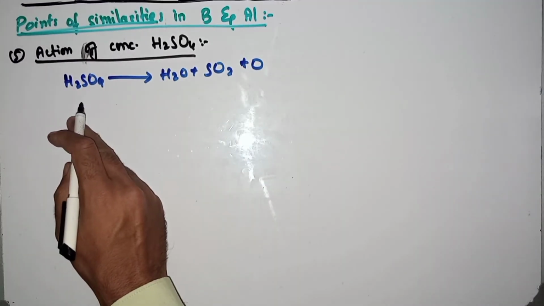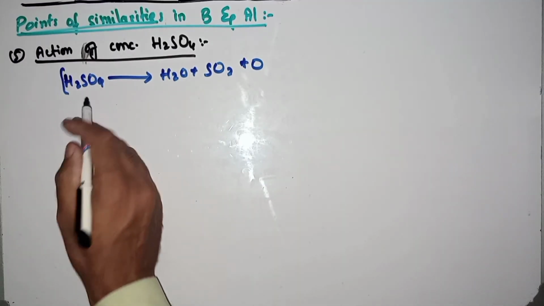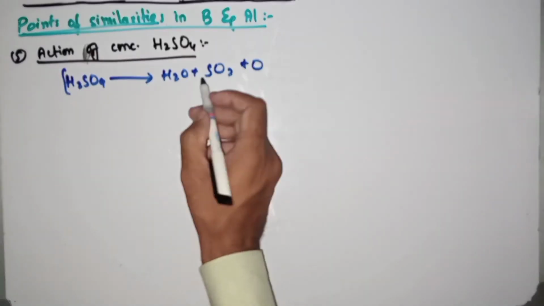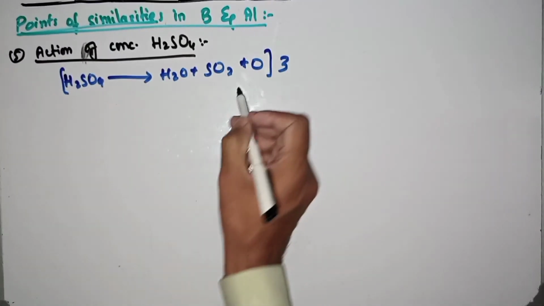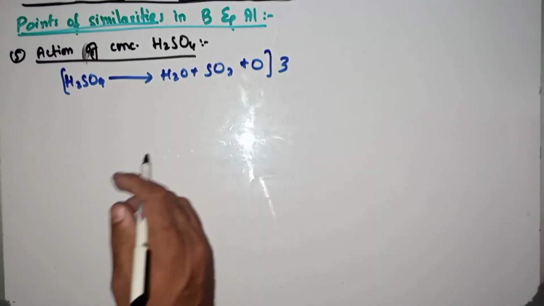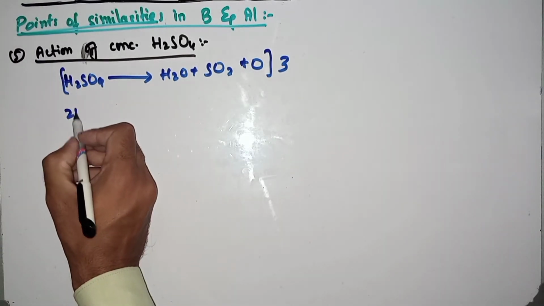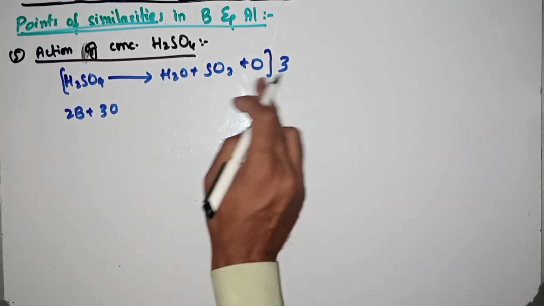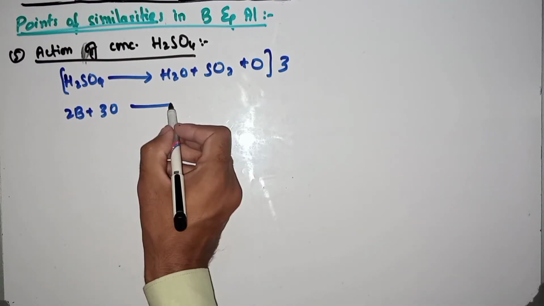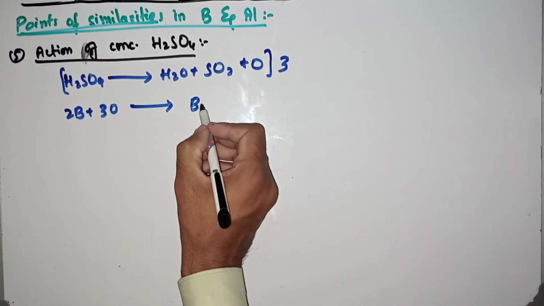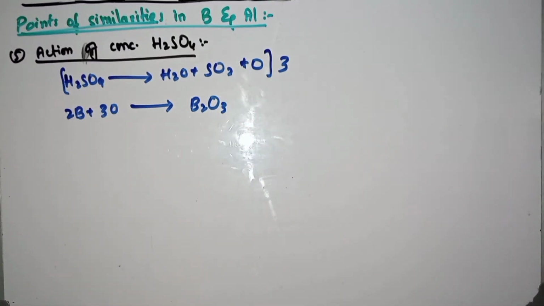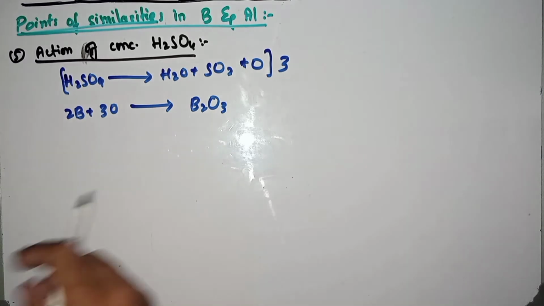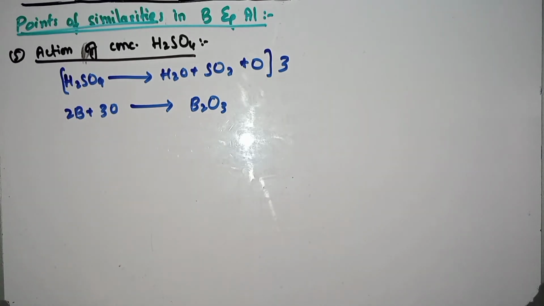So here, for 2 boron plus 3 oxygen, it will lead to boric anhydride. This is boric anhydride.